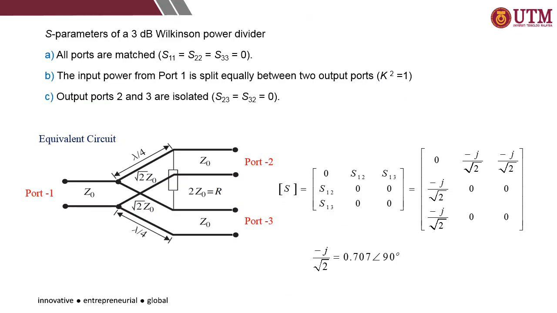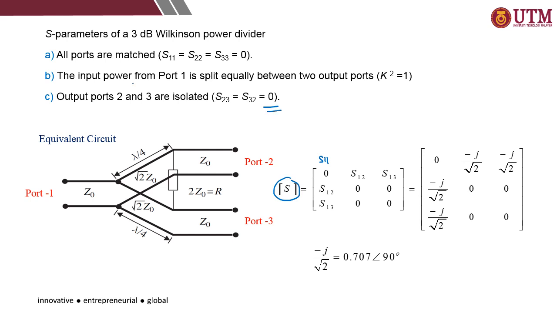Okay, in summary, as mentioned earlier, for a Wilkinson power divider, the scattering matrix based on the even and odd analysis shows that when the system is matched, S11 equals S22 equals S33 equals 0. There is also better isolation between port 2 and port 3, therefore S32 and S23 equal 0.